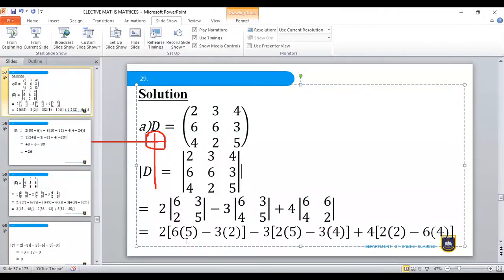Negative 54. Okay, negative 54. Please, did you all get that answer?